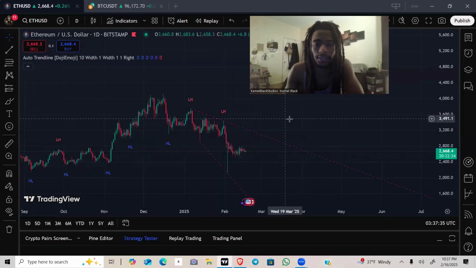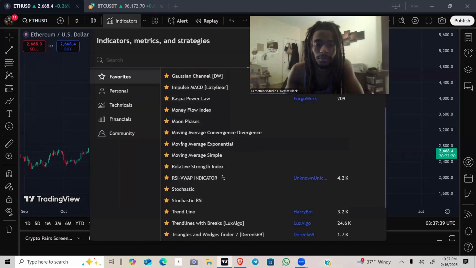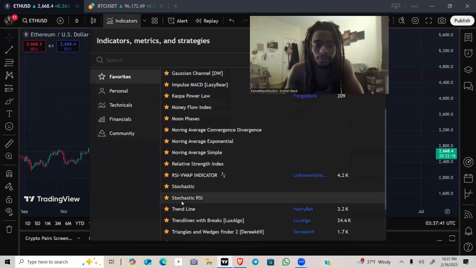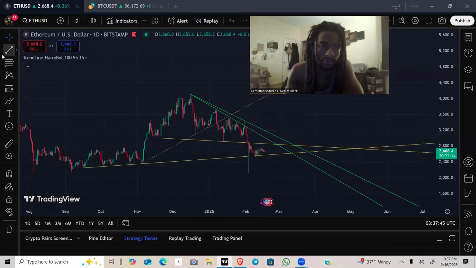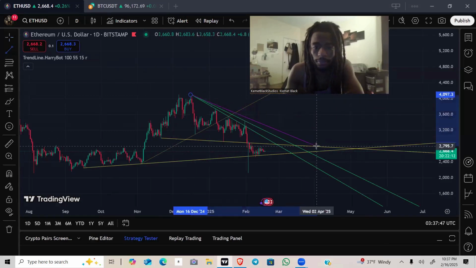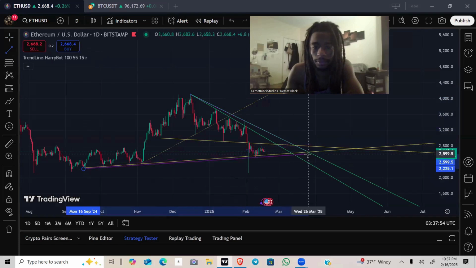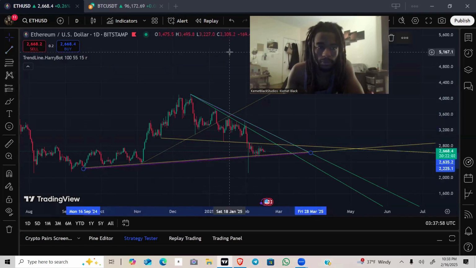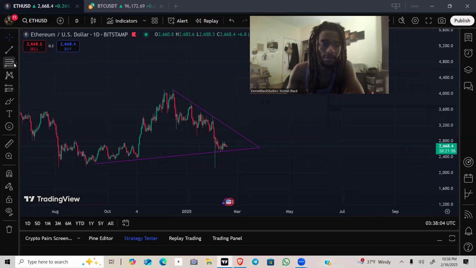Based on trend lines, Ethereum is doing whatever Ethereum wants to do. Let's see though. Okay, I'm seeing a triangle pattern for Ethereum. All right, so we got our triangle pattern, right?